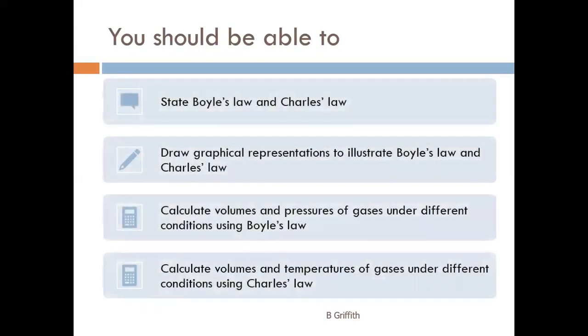By the end of this, you should be able to state what Boyle's law and Charles' law are. You should be able to draw graphs to represent them, and you should be able to do some calculations using both laws, as well as the combined gas law. So let's have a look.